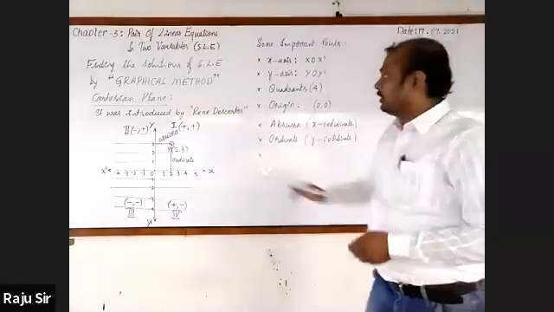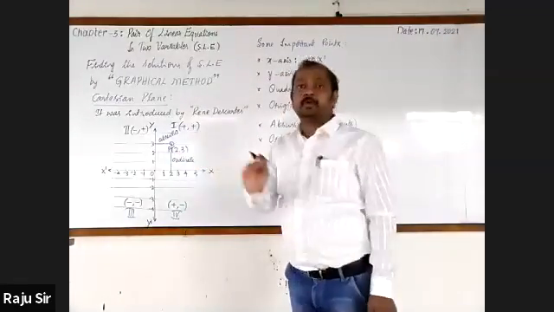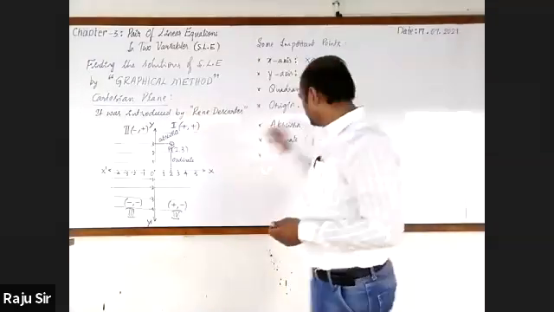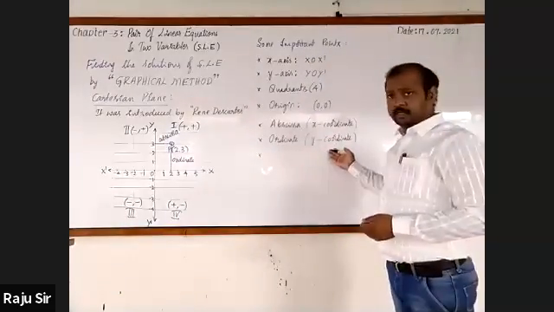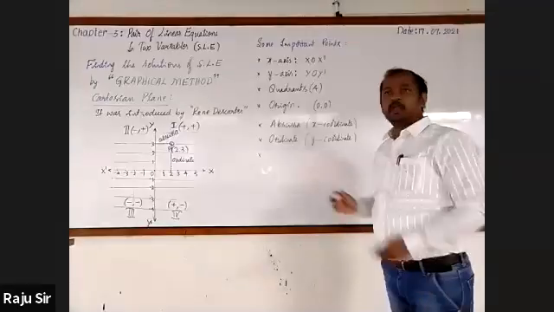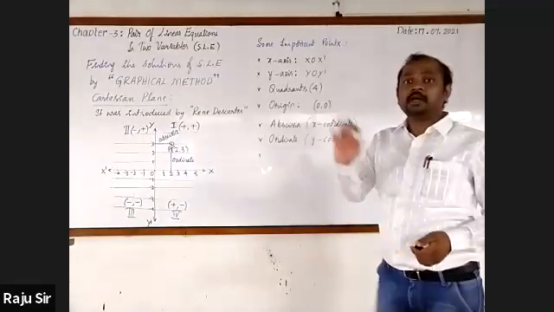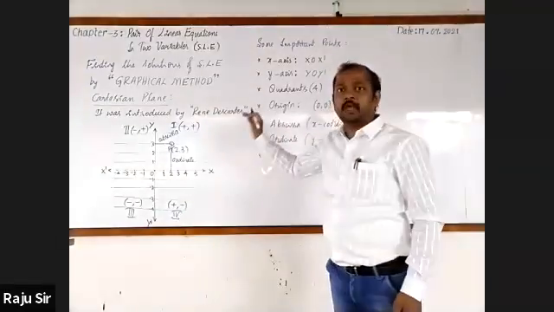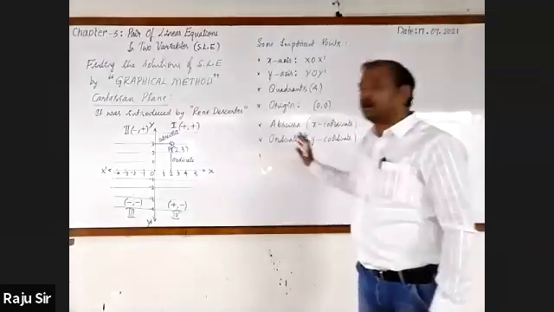Then, to locate points, we use both coordinates, the x coordinate and y coordinate, abscissa and ordinate, in the order: first abscissa, next ordinate.